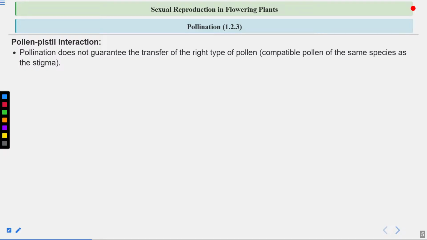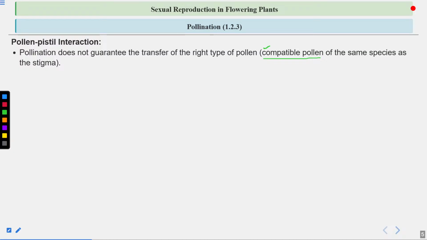Otherwise, it will not germinate and the pollen tube will not emerge. So the pollen should be compatible, then only will they be able to germinate. Otherwise, they will not.